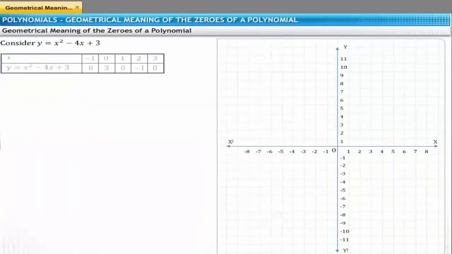Similarly, we can plot the graphs for quadratic and cubic polynomials.